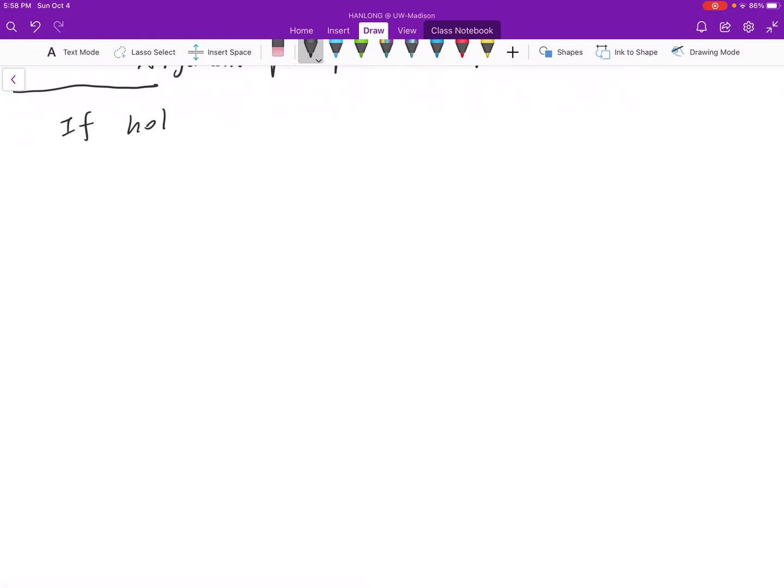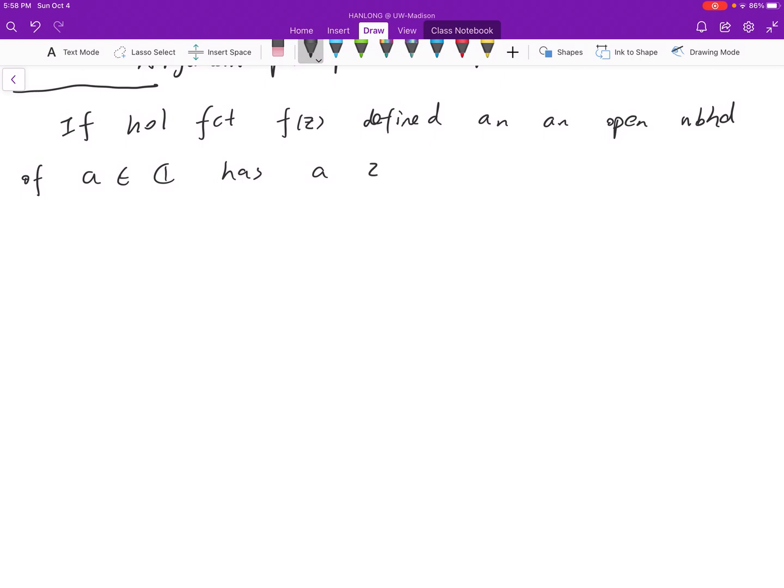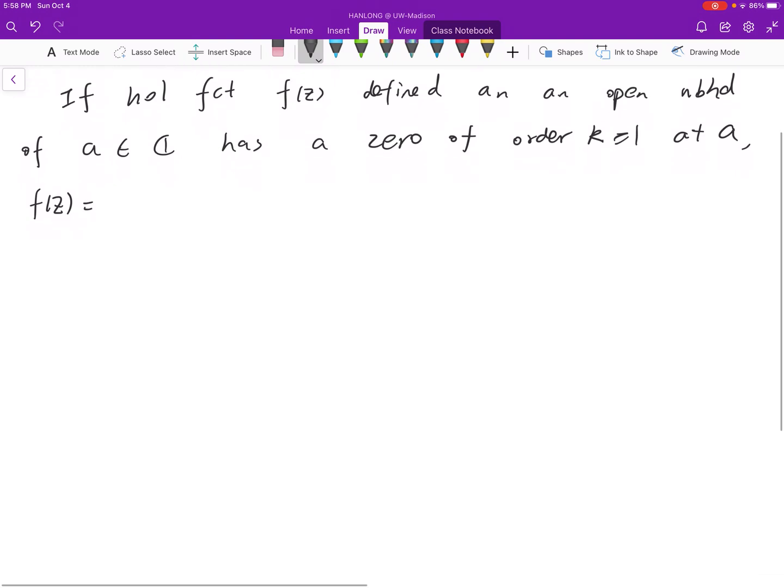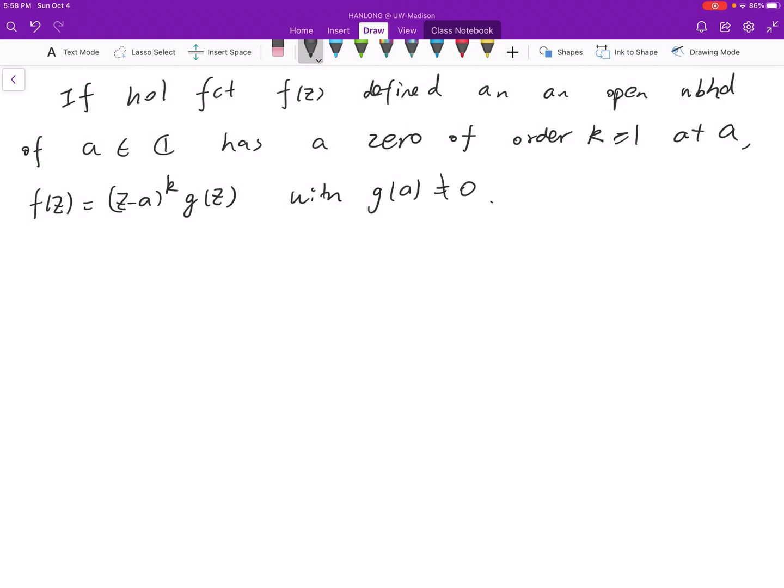If a holomorphic function f(z) defined on an open neighborhood of a in C has a zero of order k greater than or equal to 1 at a, then we can write f as (z minus a) to the k's power times g(z), with g(a) non-vanishing.